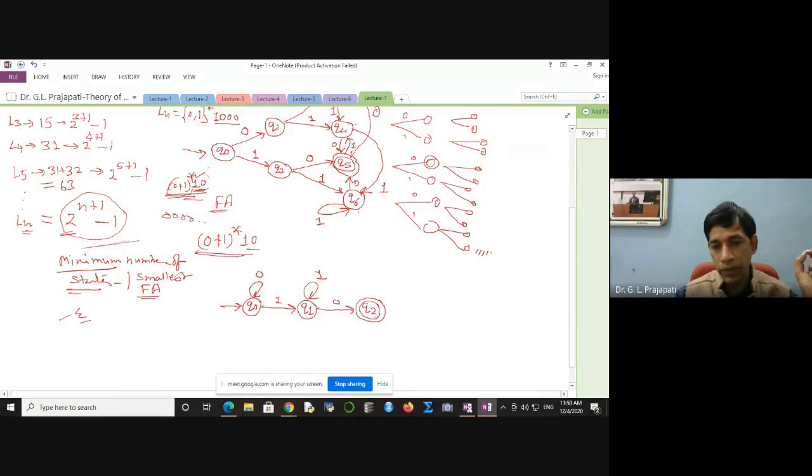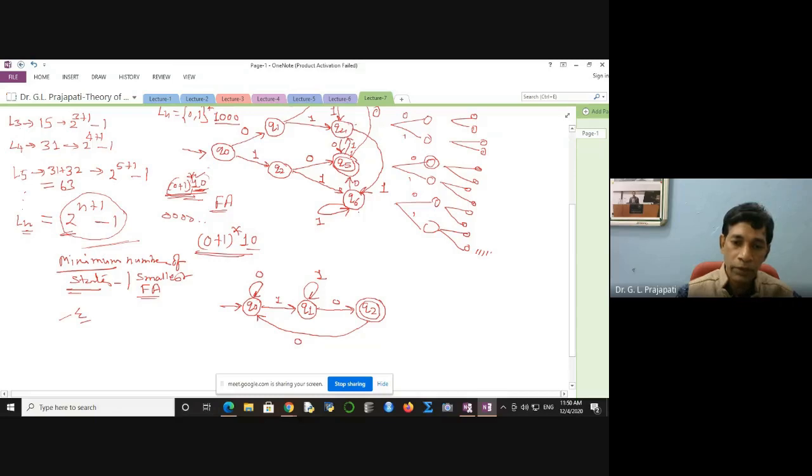Now, once you are at the state Q2, you have two situations, either 0 or 1. Whenever you have 0, then again you need to wait for the 10, means the problem remains the same actually. So whenever you are at Q2 and the machine is receiving 0, you come to Q0.